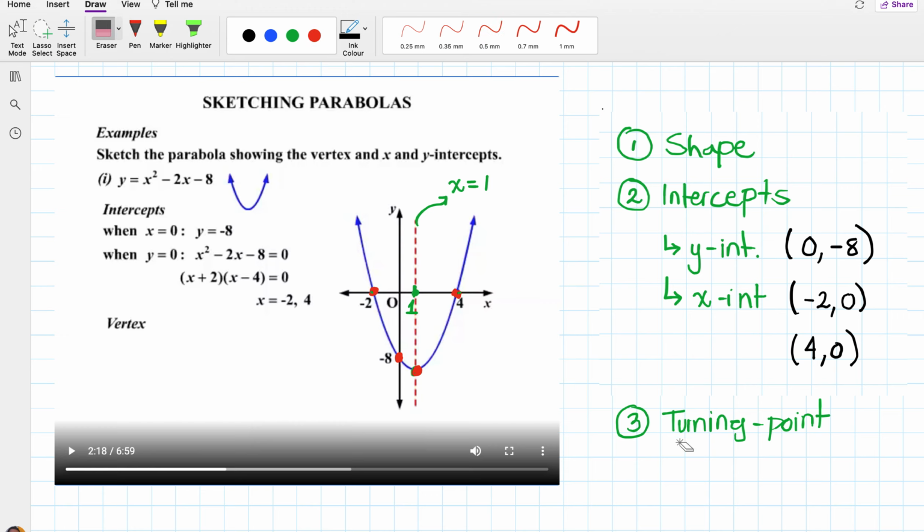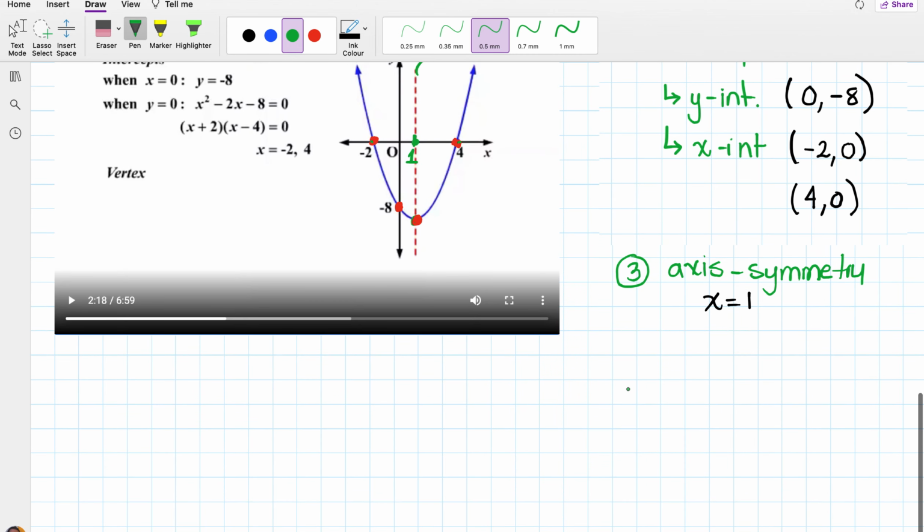So we'll say that your third step is to find your axis of symmetry. That in this case we found that it was when x equals 1. And then now we are going to find our turning point or our vertex.